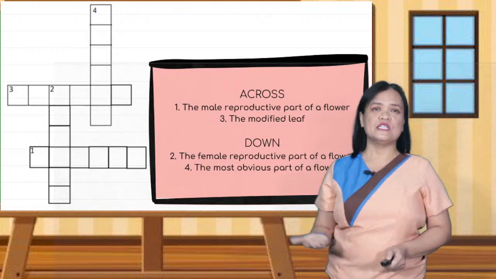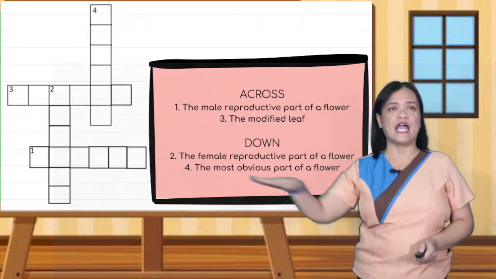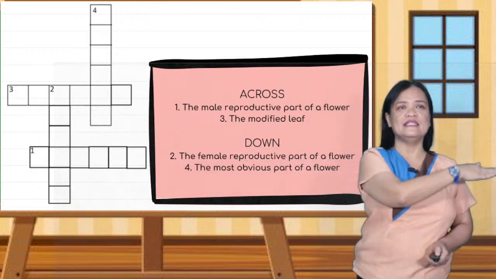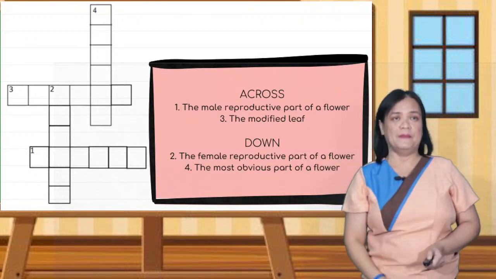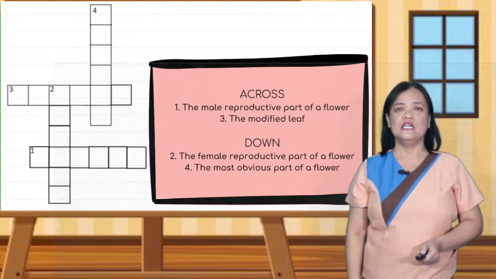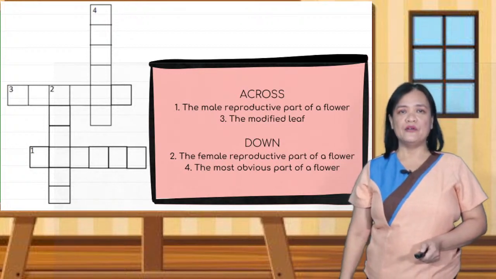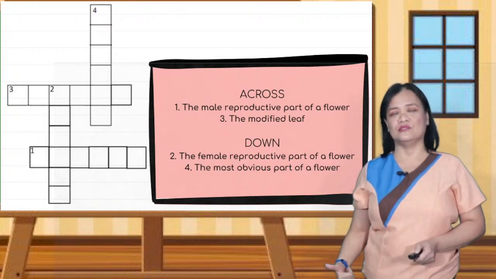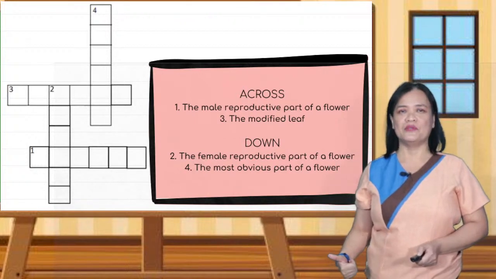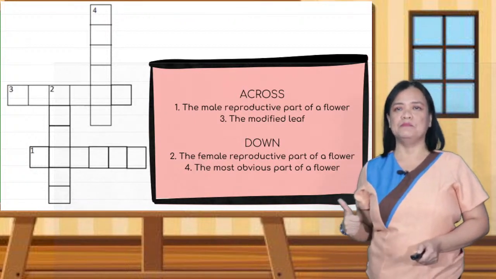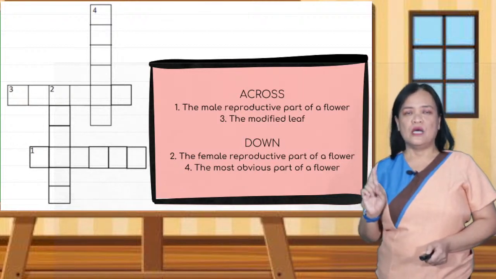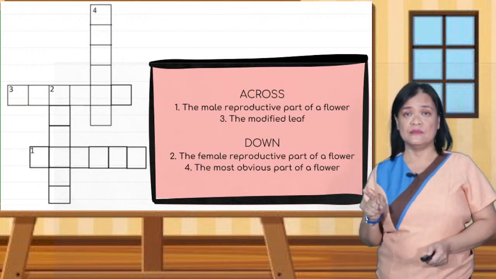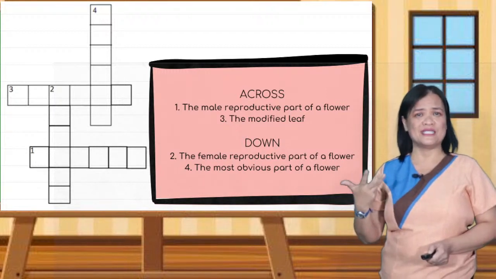Okay. So this is the across. When we say across, that line, across. Pababa, vertical. Okay. So number 1, the male reproductive part of a flower. Number 3, across. Sabayan niyo ako. Come on, kids.